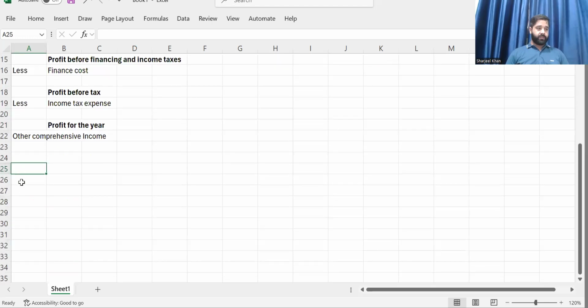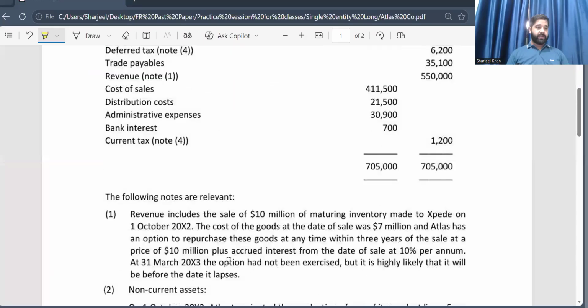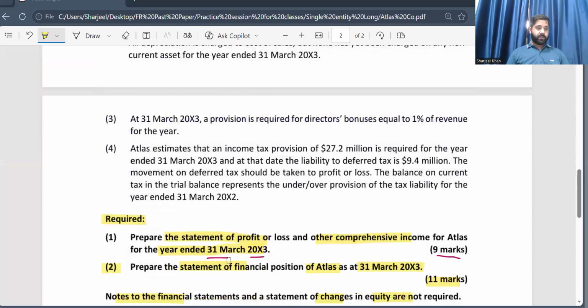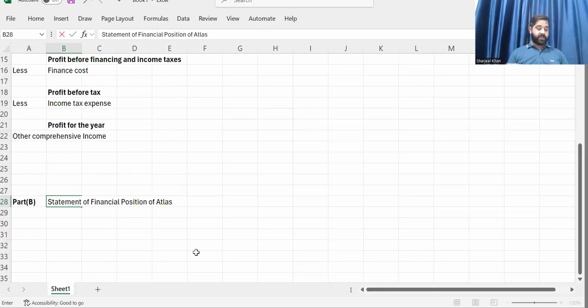Now, part B, statement of financial position of Atlas company at 31st March 2023.